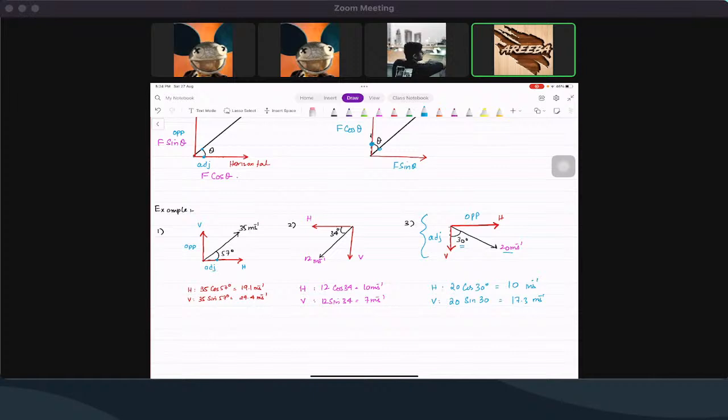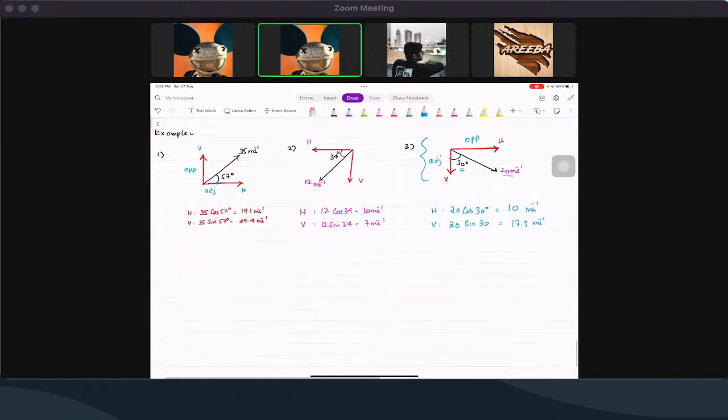Yes, sir. Okay, good. Now that we have learned how to break the vectors, the next thing we're going to do is how to form them. They can also give you, suppose, one vector like this, vertical, and one vector like this, horizontal. This is 3.4, this is 5.7.